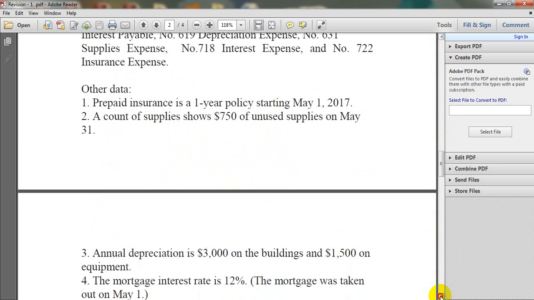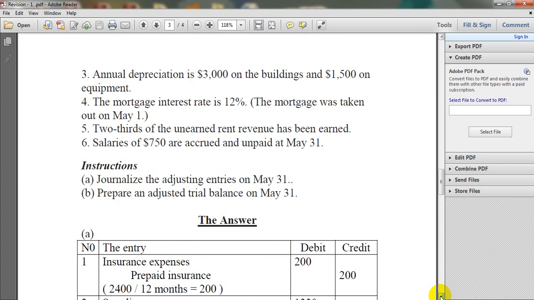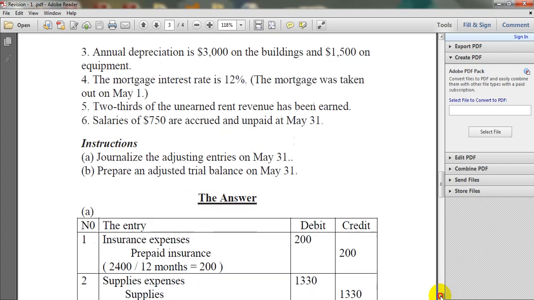The entry will be in the debit insurance expense and the credit prepaid insurance. How to calculate the amount? 2,400 divided by 12 months, and the amount will be 200 for every month.